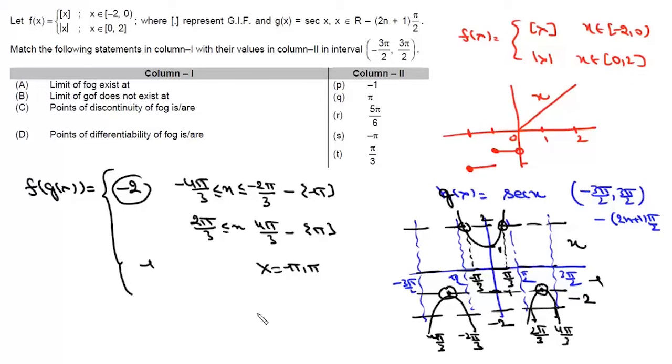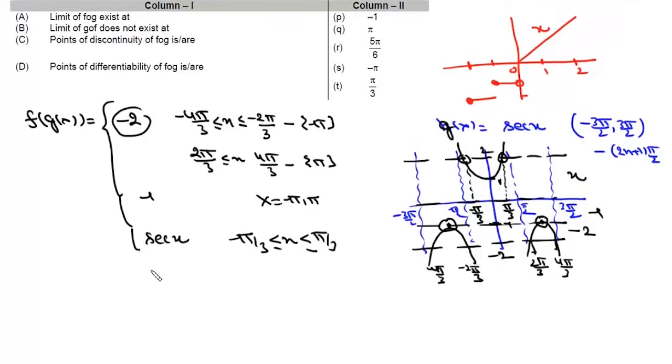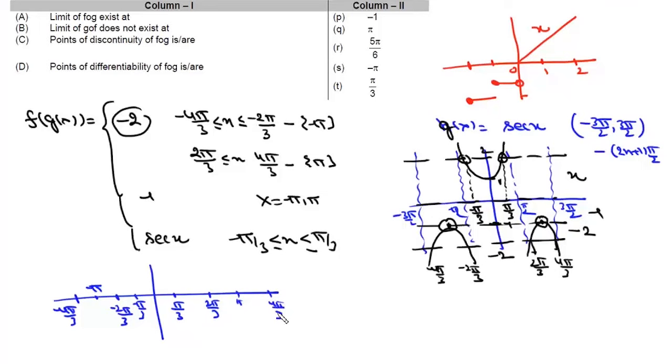And then when x lies between minus pi by 3 to plus pi by 3, both included, this is x, so it will be secant x. If we draw the graph of f of g(x), this is -4 pi by 3, and this is -2 pi by 3, and this is minus pi, this is minus pi by 3, this is plus pi by 3, this is 2 pi by 3, pi and 4 pi by 3.